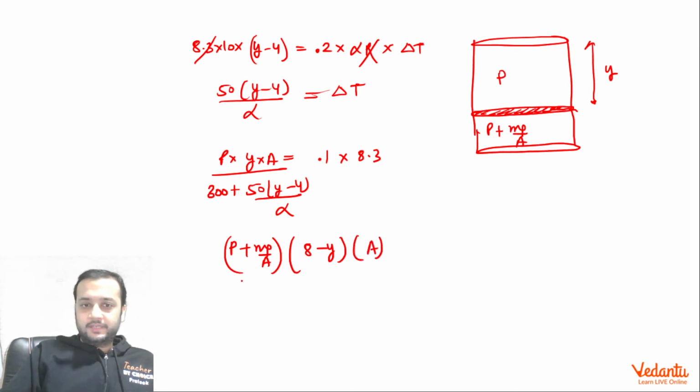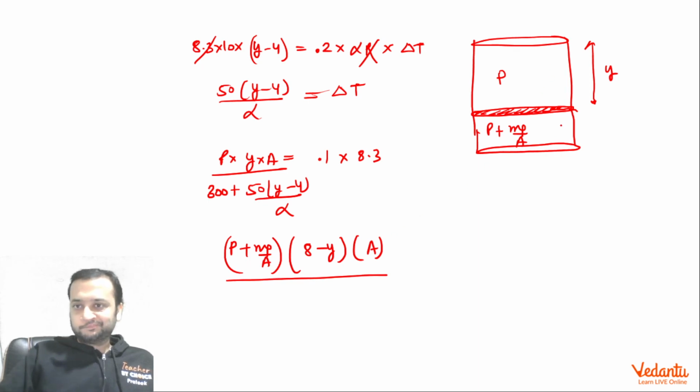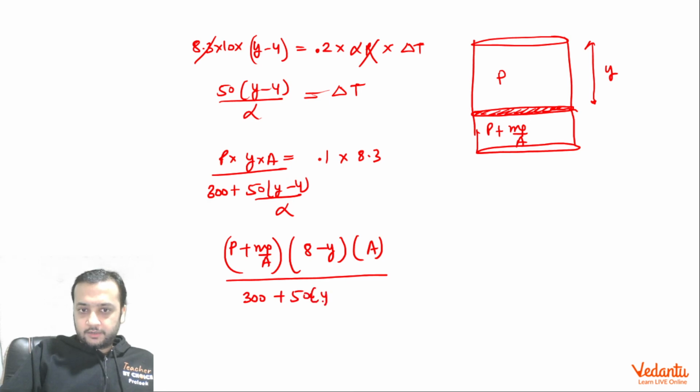So PV by T will be the same because the piston is conducting. 300 plus 50 into (y minus 4) upon alpha, correct, is equal to nR. n is 0.1 into 8.3.